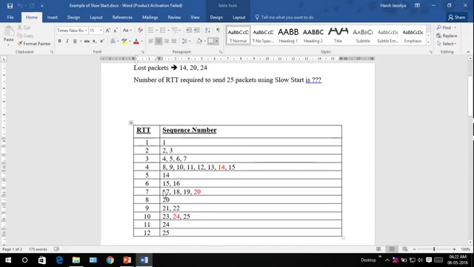In the 7th we will send 17, 18, 19 and 20. But here the 20th packet gets lost, so we will have to retransmit the 20th packet.